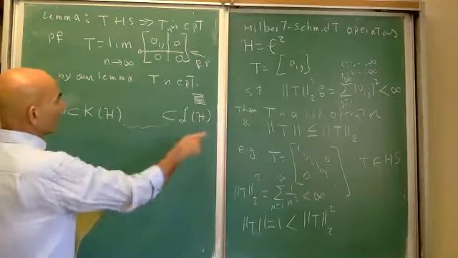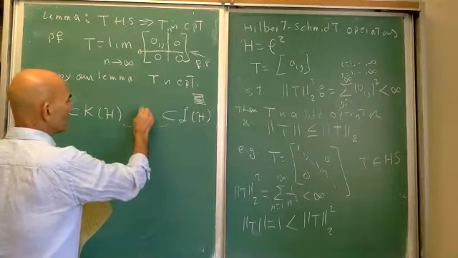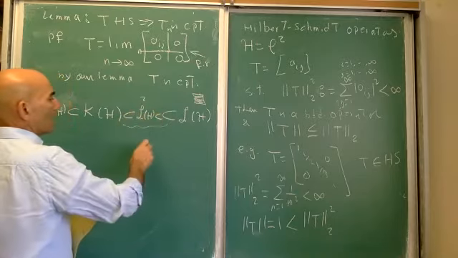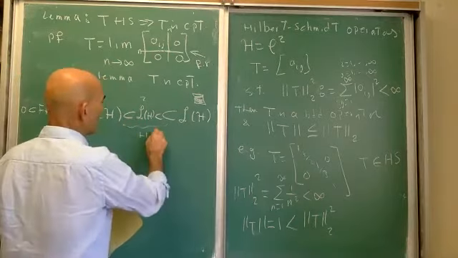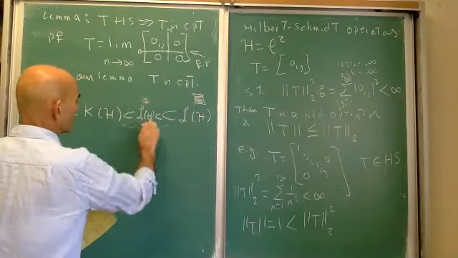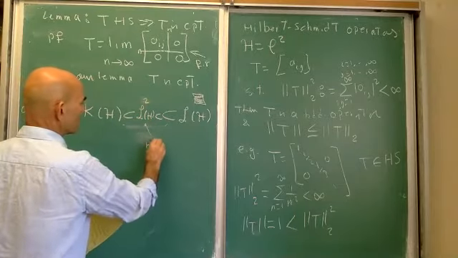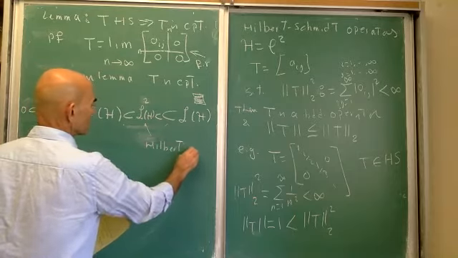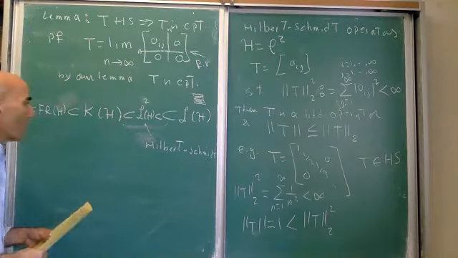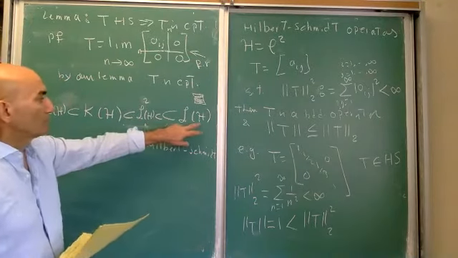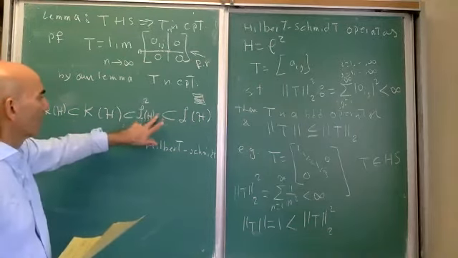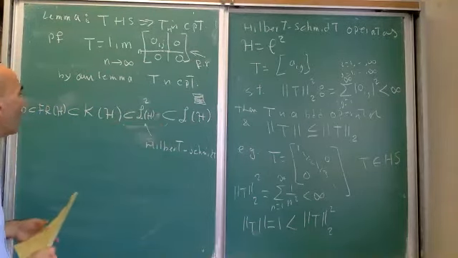We just looked at one of them, Hilbert-Schmidt, which will be denoted by L2 of H. I use the notation Hilbert-Schmidt, but L2 is more standard. And assuming H is infinite dimensional, these containments are proper, right?